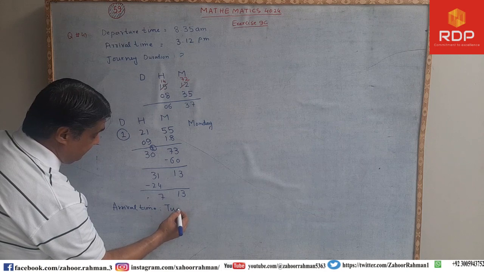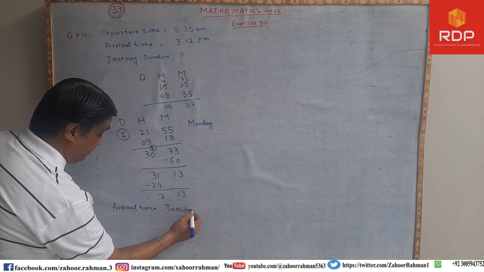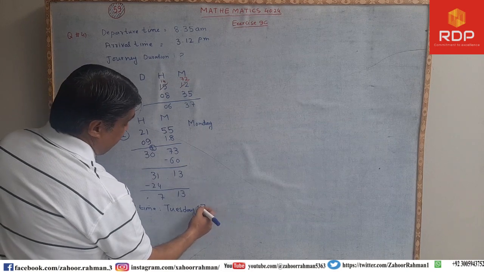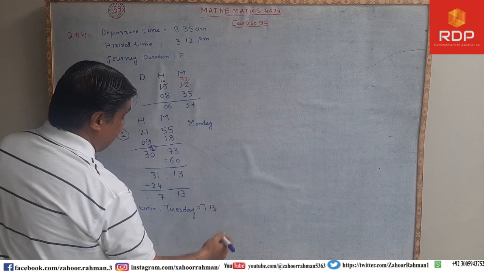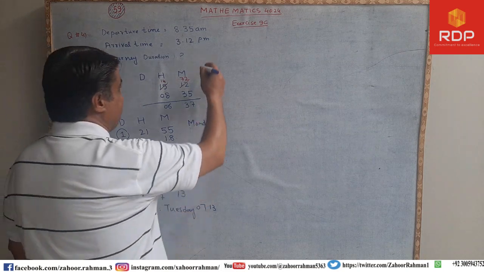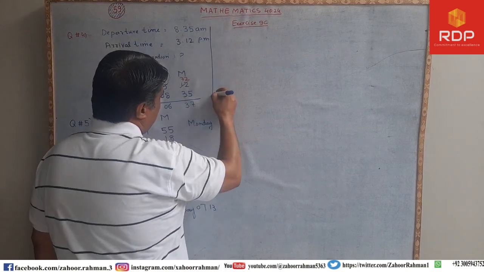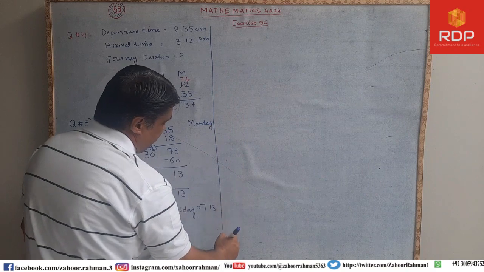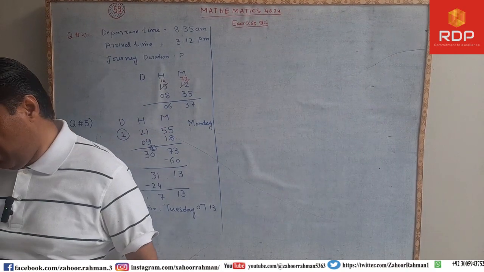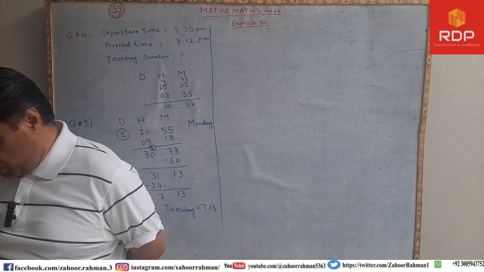And what will be the time? We calculated that time, and that is 7:13 hours. So in this way you can calculate very easily. Otherwise your life will be very cumbersome in these questions if you follow the book rule.